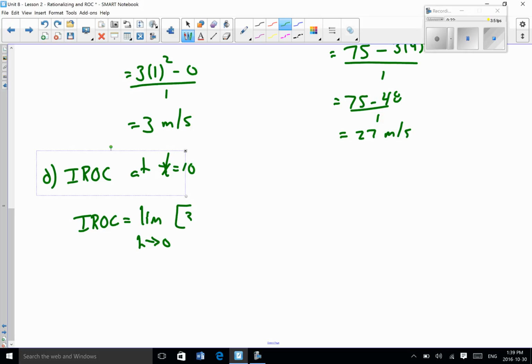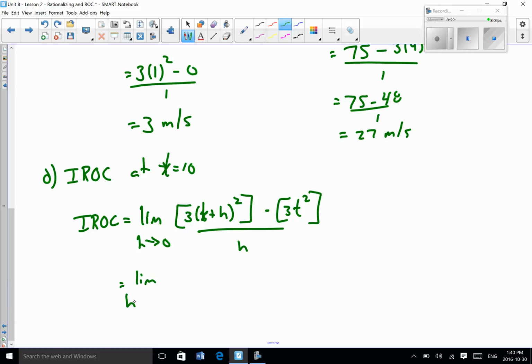So IROC equals the limit as h approaches 0 for the function 3t squared. So we need 3 times (t plus h) squared minus 3t squared all over h.